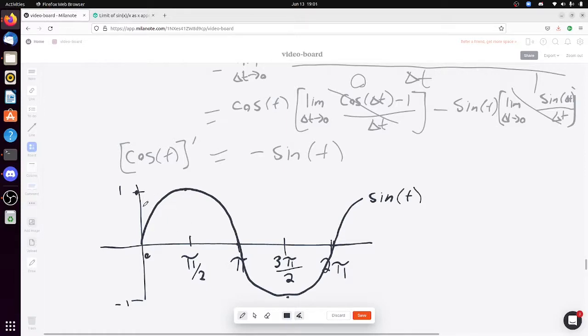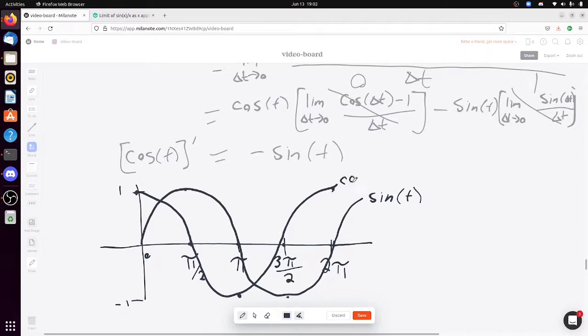This is 0 right here. It's negative 1 at pi there, and it's back up at 1 here. The key thing to keep in mind is it almost looks like cosine is lagging behind sine, which it is. It's basically lagging by pi over 2 radians, I should say.